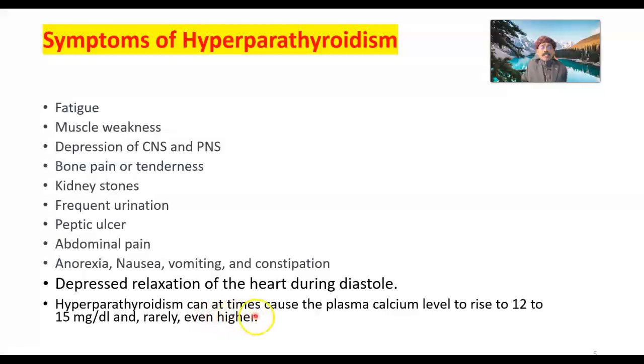Hyperparathyroidism can at times cause the plasma calcium level to rise to 12 to 15 milligram per 100 ml and rarely even higher. So we got another parameter, calcium level should be 12 to 15.